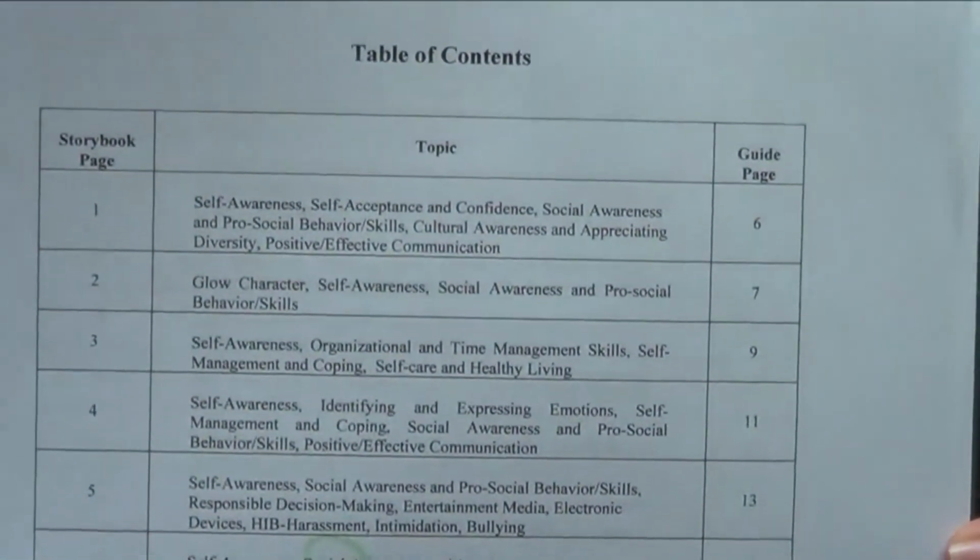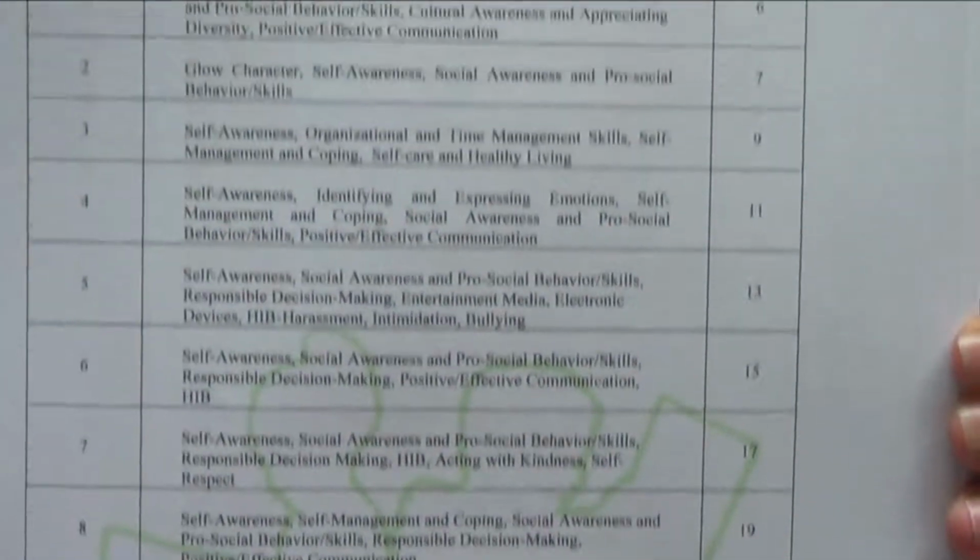In the beginning of the educational guide, we did a nice table of contents that connects the guide pages with the storybook pages. Each topic is laid out very nicely on the educational guide.